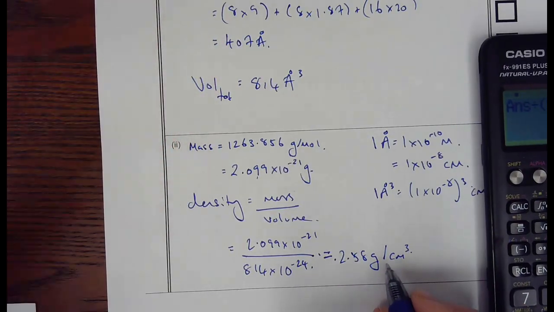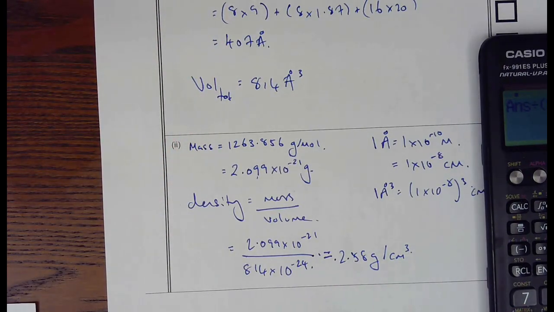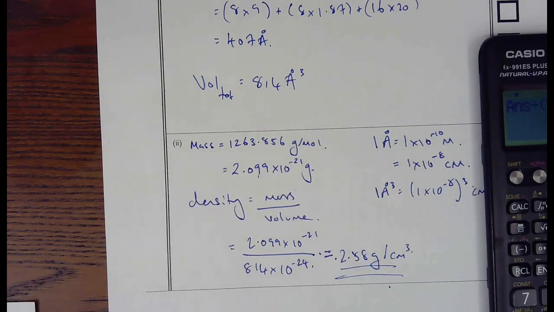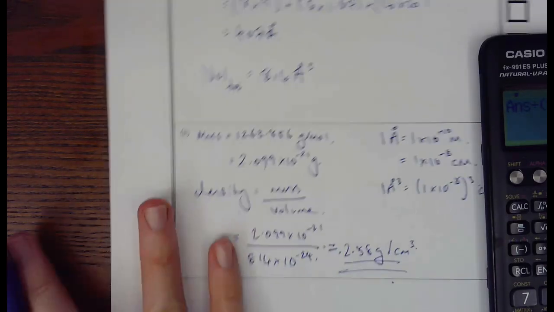And the reason they ask for it in grams per centimetre cubed rather than, I don't know, grams per angstrom cubed or something like that, is that this number here is a very easy, sensible number for us to imagine, right? So you know that 1 centimetre cubed of water is 1 gram. So you should always be looking to get an answer on that magnitude, on that scale.